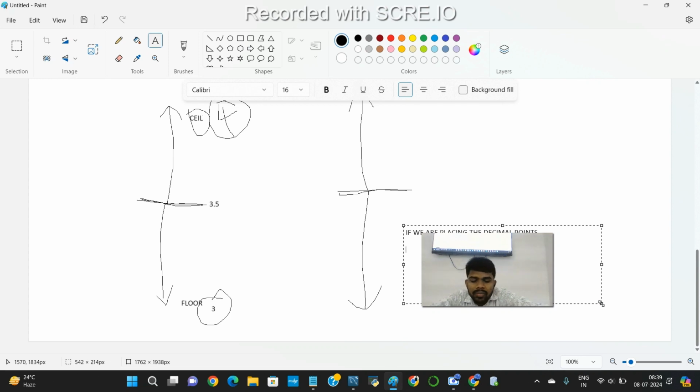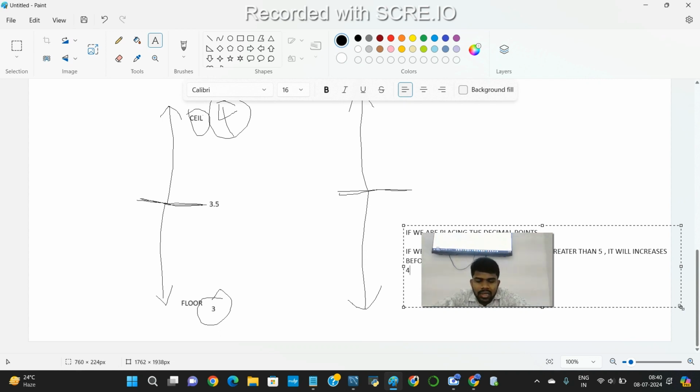If the number we are removing is greater than or equal to 5, it will increase the previous number by 1.